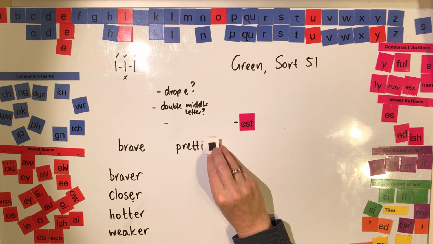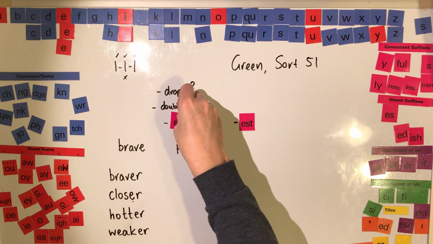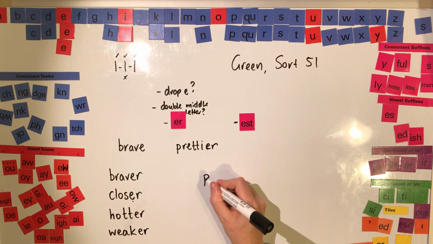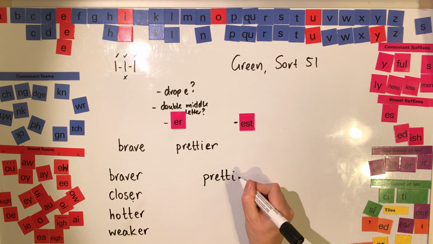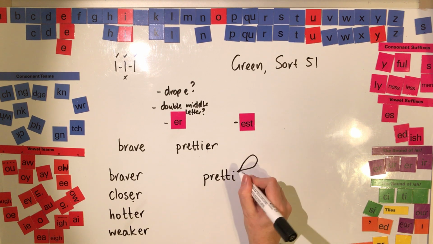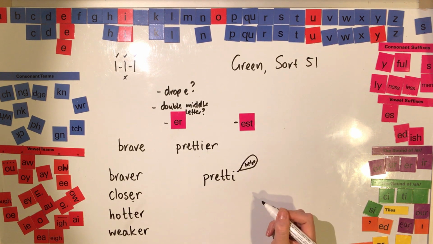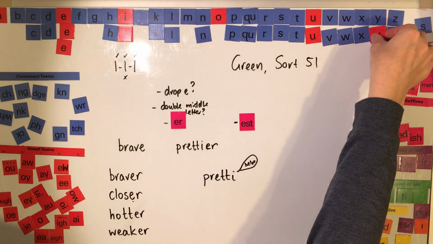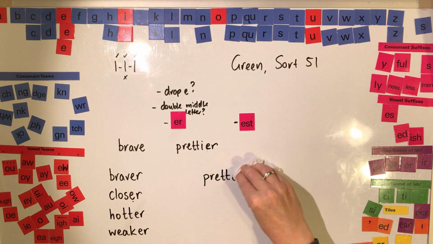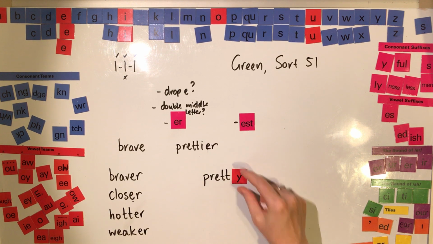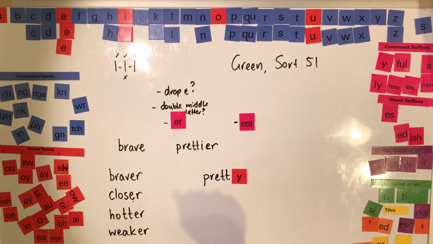So the i says, oh, very sadly, I cannot end this word. So you go to write the word pretty, and the i says, help, I can't finish this word. And the y comes along and says, don't worry, I'll finish the word for you, I'll hold your place. And y lives there so long as that word exists like that.